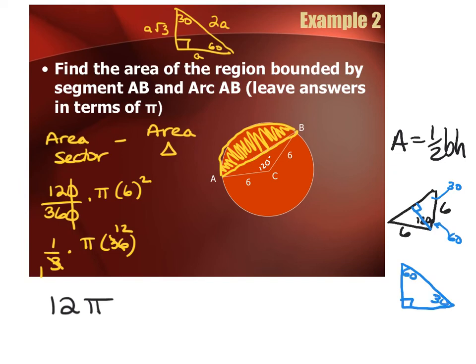60 and 30. So in my picture, the side across from the 90 was the radius, which was 6. Normally, remember, in the triangle I drew up at the top in yellow, this is my hypotenuse, so this equals 2 times A. So if I solve 2A equals 6, A equals 3. And that's the side across from the 30, which is my altitude. So my altitude here of this triangle is 3, and the side across from 60 is 3 square root 3.